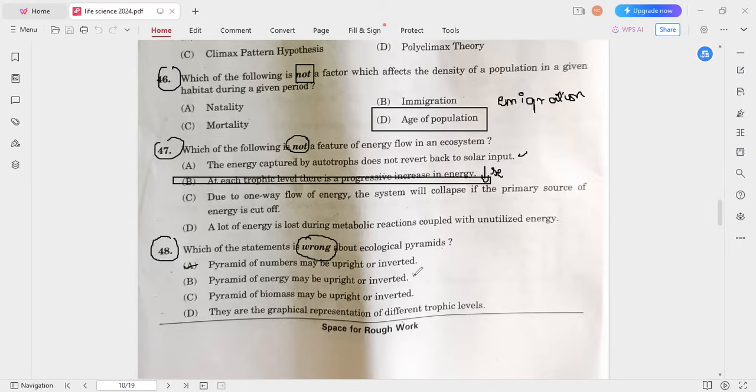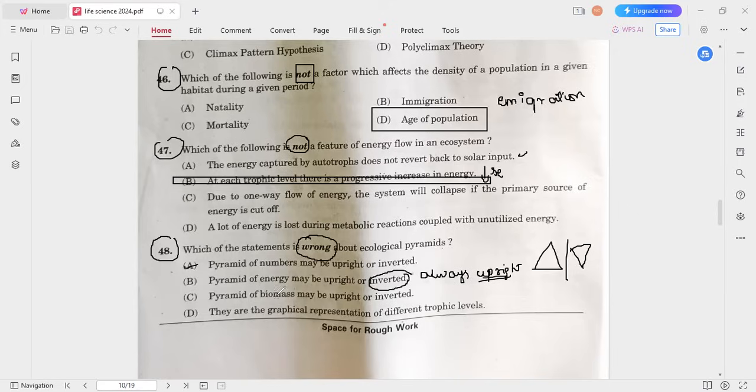No, actually pyramid of energy is always upright, always in the upright position, like this. Not inverted one. This is inverted one, this one. Okay, so pyramid of numbers may be upright or inverted, but this pyramid of energy is always upright, it is not inverted.